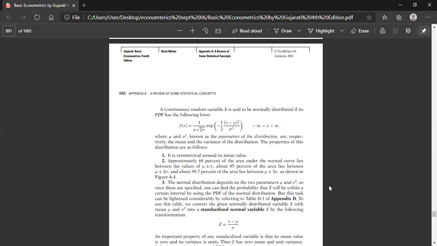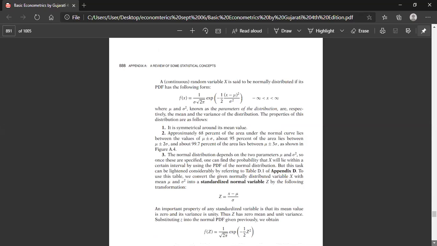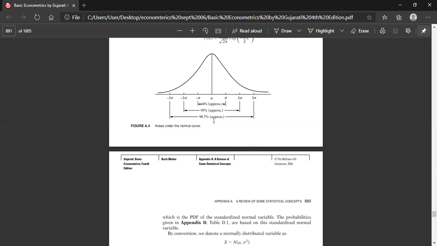Then for each value of x, you know the density function, that then you plug that value of mu and sigma square. Let's say x equals something here, 999. You plug the value 999. You know mu, you know sigma square, then you know the height of this line.